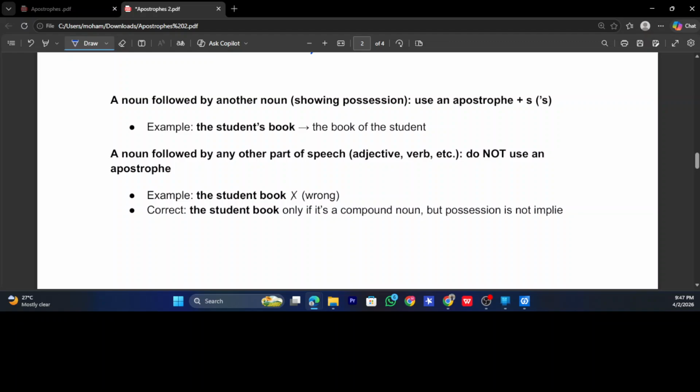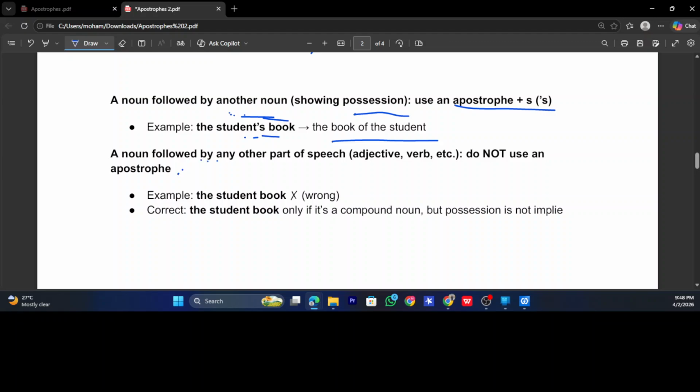A noun followed by another noun, showing possession, uses apostrophe s. The student's books, the books of the student.